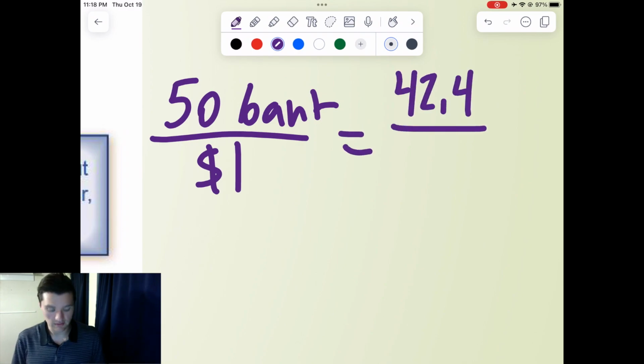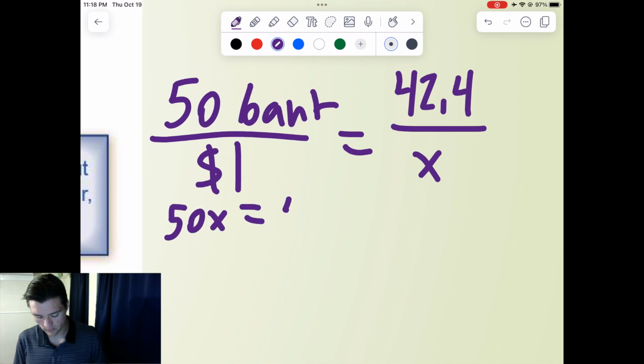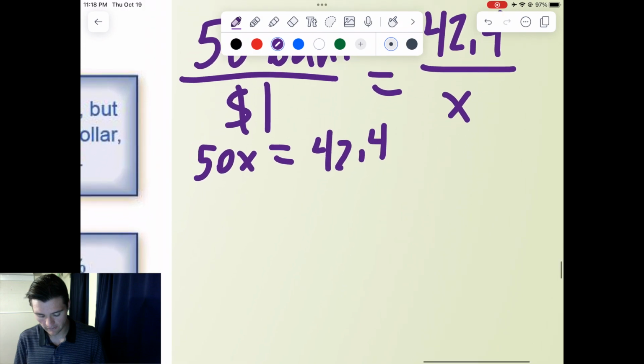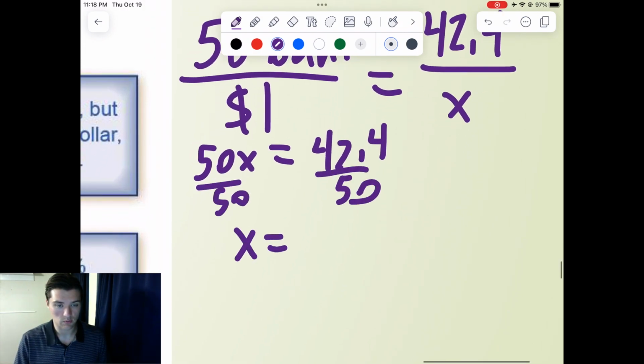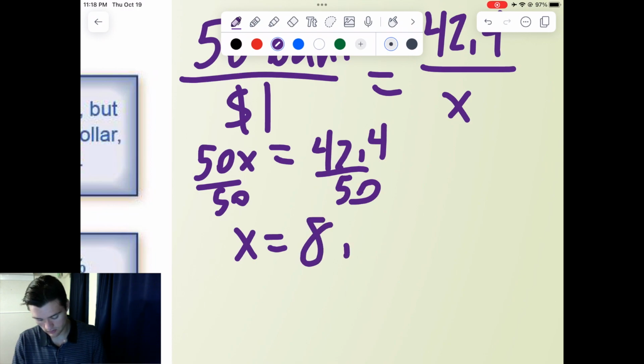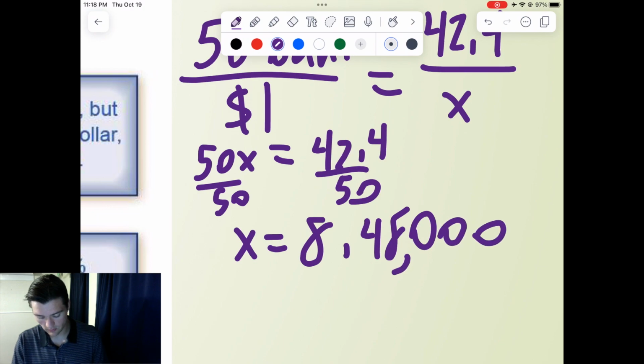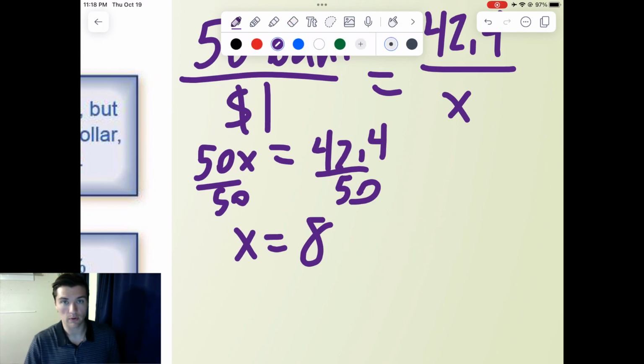So how many dollars is that? So we'll do 50x equals 42.4. We'll divide by 50. And so x is equal to 0.848, so this is $840,000. Okay, if you're wondering why it is a decimal, because I'm not using 42 million, I'm using 42.4.